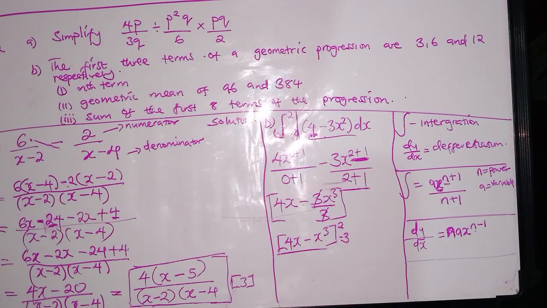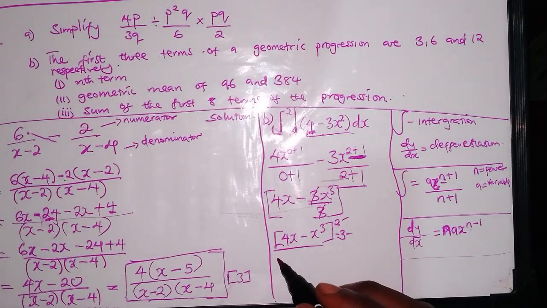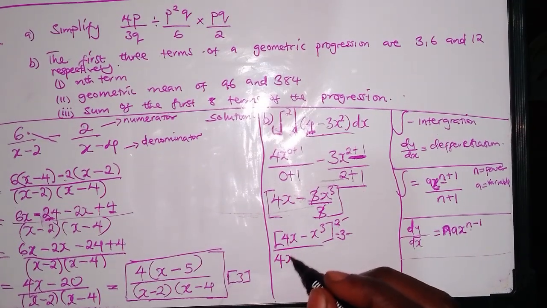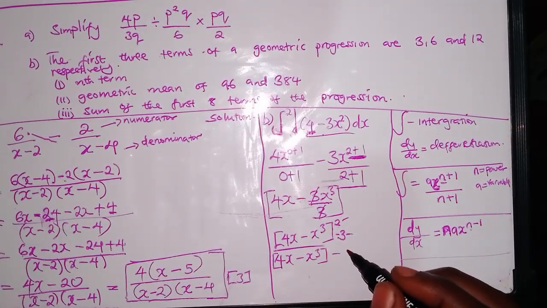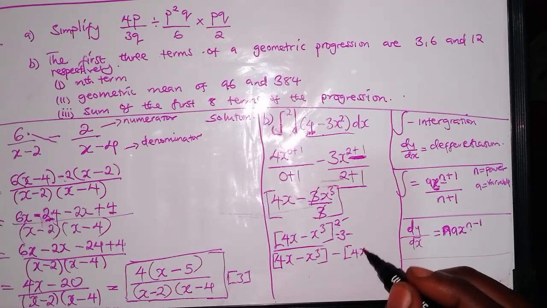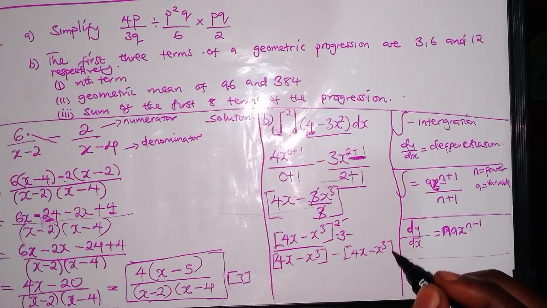So how do you identify which one is the upper and which one is the lower? In simple terms, the upper limit will always be on top, then the lower will always be below. So 2 is our upper limit, then -3 is our lower limit. So since we have this equation, you write 4x minus x to the power 3, and again you subtract the same thing, 4x minus x to the power 3.